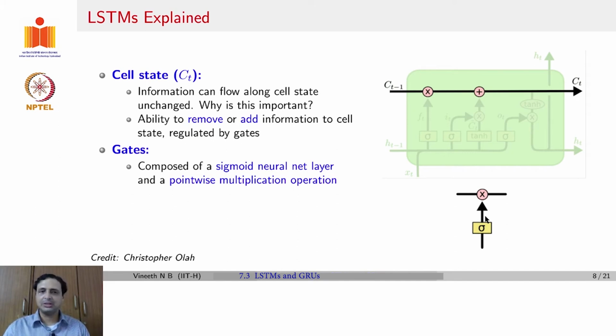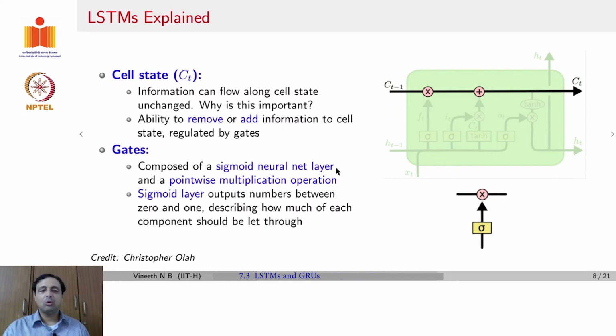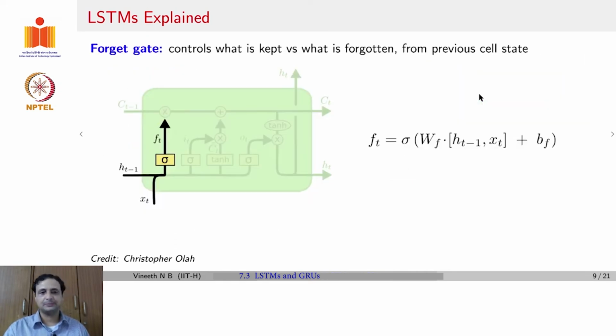So for each dimension of the cell state, you can decide how much of that information you want to retain using this multiplication operation here. This multiplication operation is a point-wise or element-wise multiplication operation. Then you also have an addition operation here which decides how much of an information coming in gets added to this new cell state.